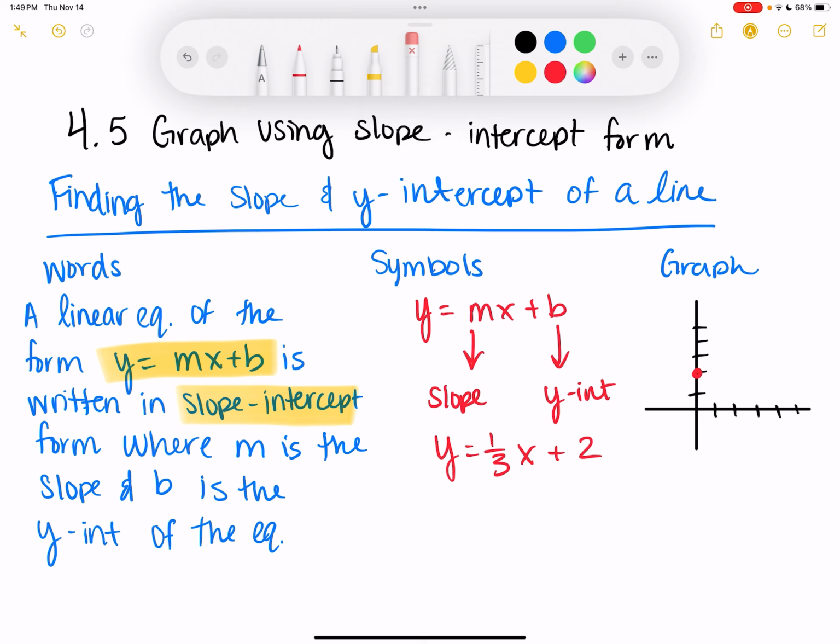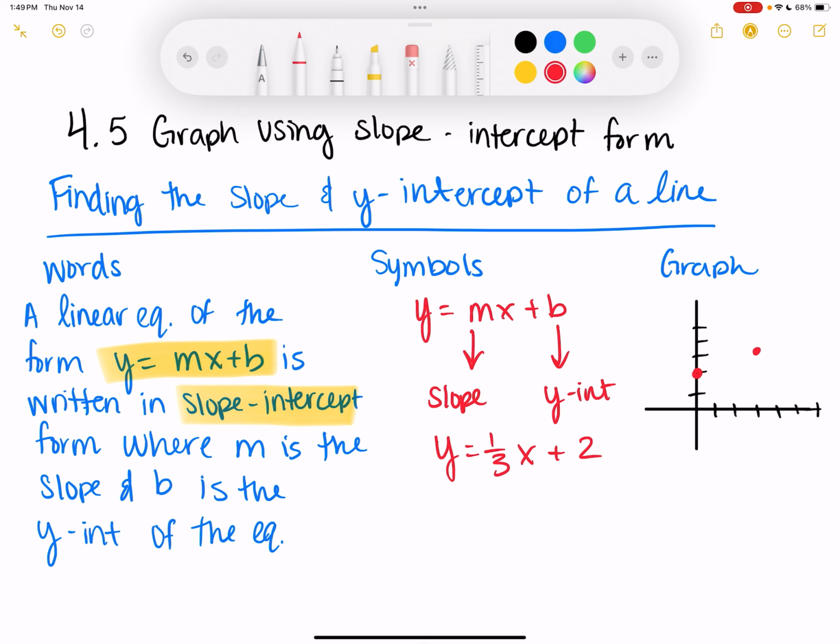Then the slope, which is where the questions that we were answering about what's happening to the slope come into play. So remember, slope is rise over run. So this means we go up 1 and right 3. So this point would be up 1, right 1, 2, 3, and we put another point. I could do it again.